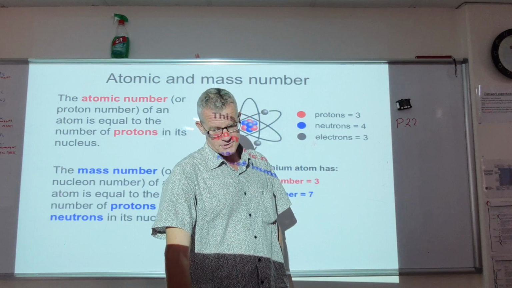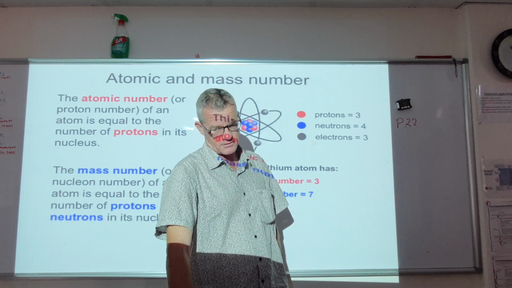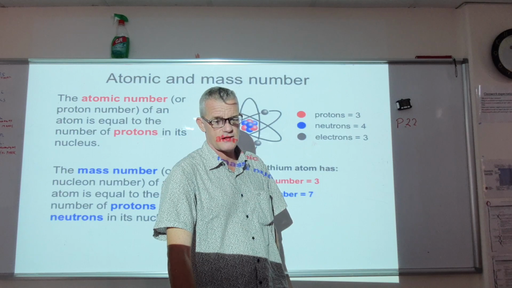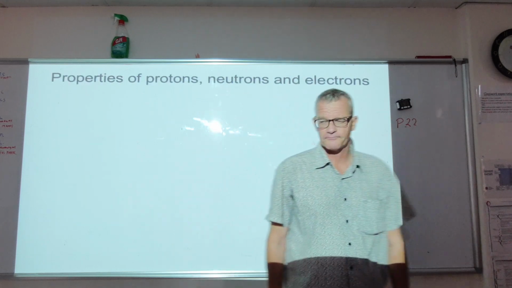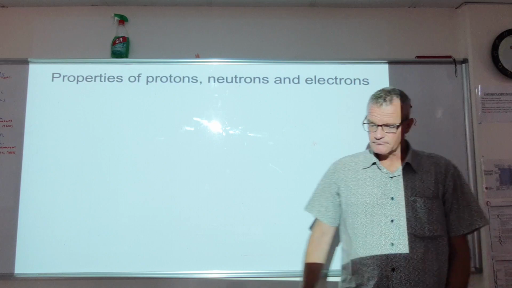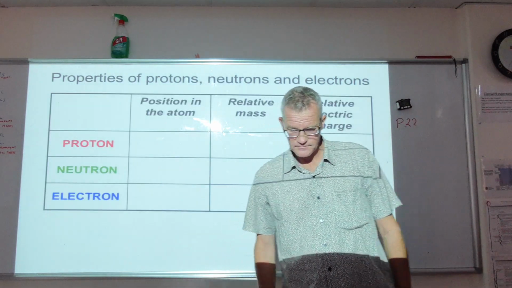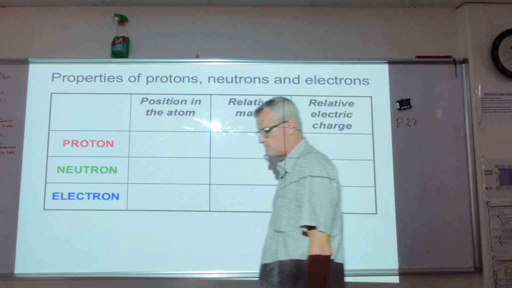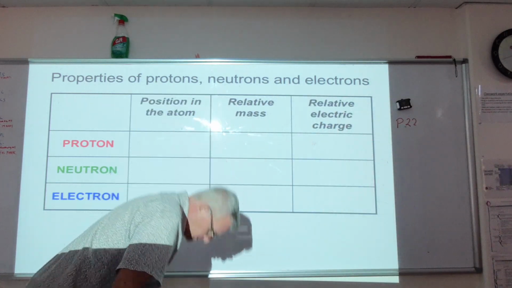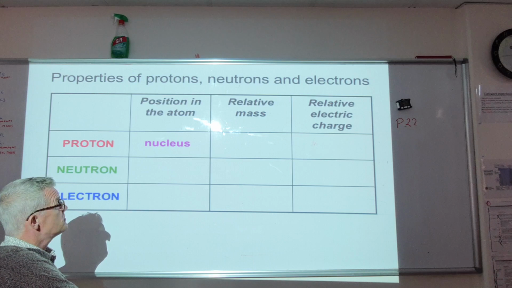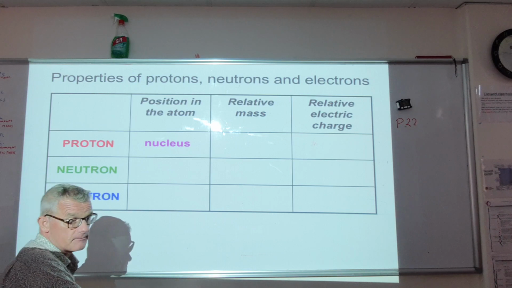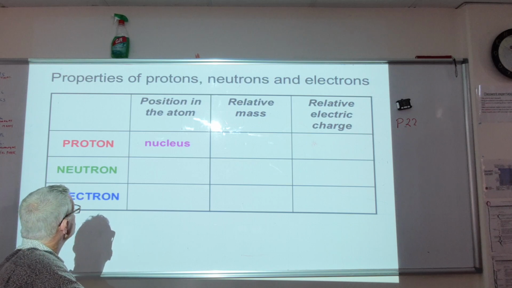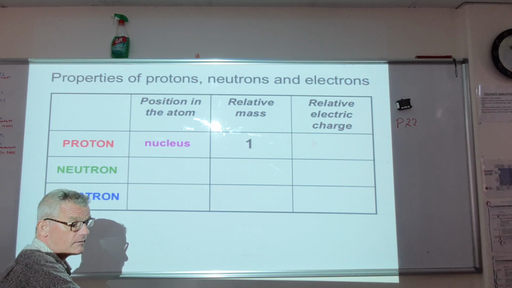Now let's look at some other properties of the protons, neutrons and the electrons. Now, the protons. Where do we find the protons? We find the protons in the nucleus. What would be the relative mass of the proton? That is 1.